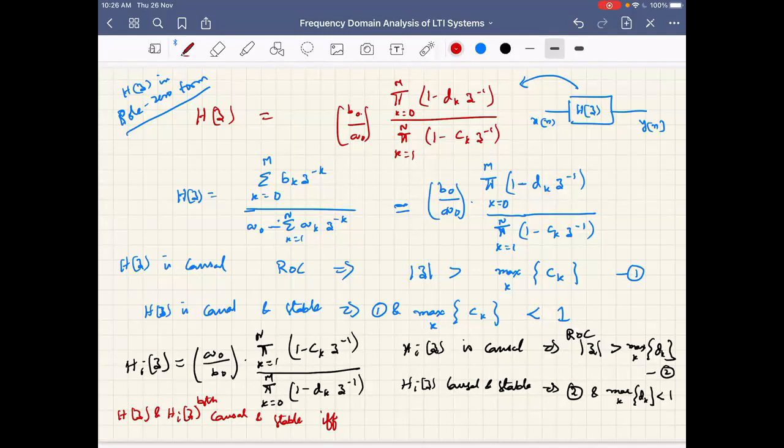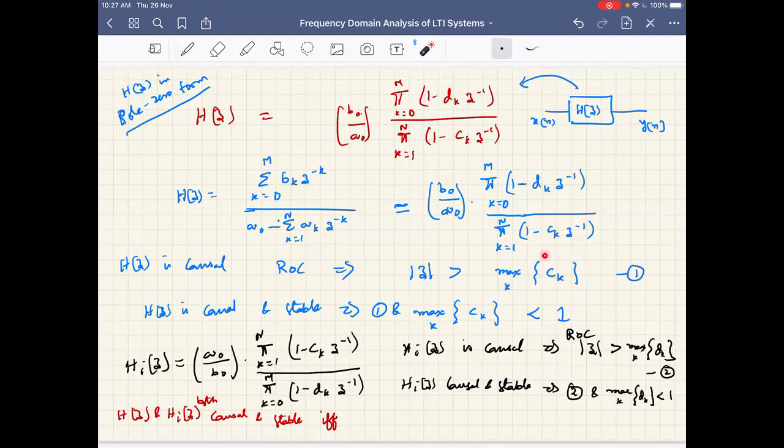Whatever you are seeing as dk now are there even in H of z as zeros. So you can tell directly from H of z when both H of z and Hi of z are causal and stable. When can you tell? When its poles are less than 1.